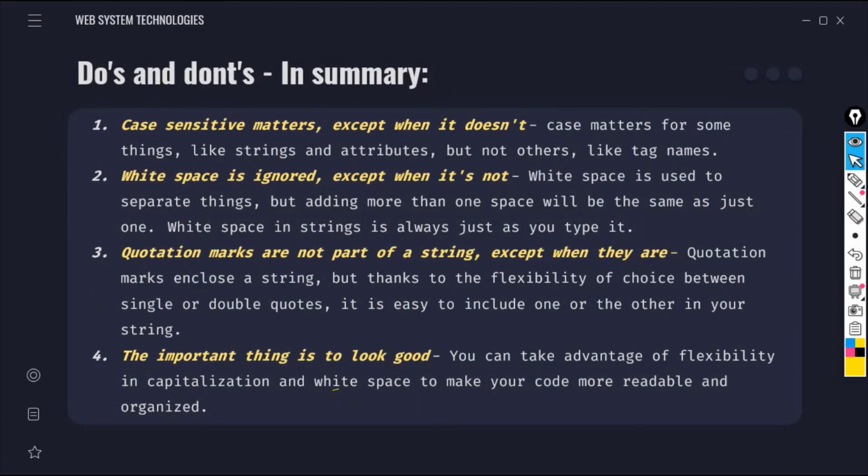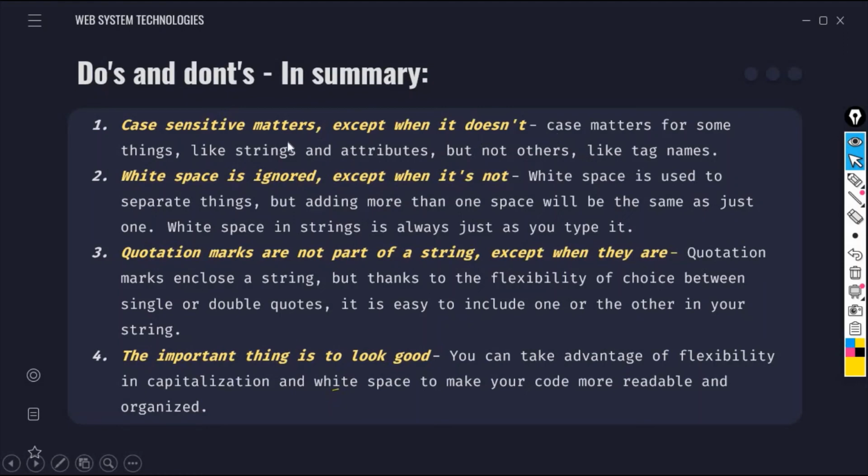In summary, the idea here is to take advantage of these flexibilities to create clean, organized code that is easy for a human to comprehend or to read. To sum it all up, first, case sensitivity matters except when it doesn't.